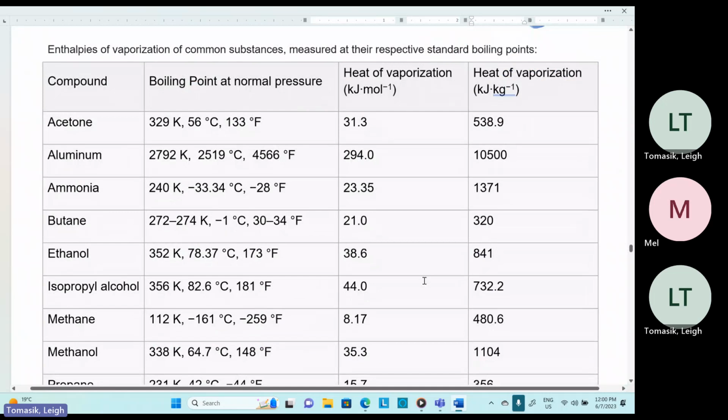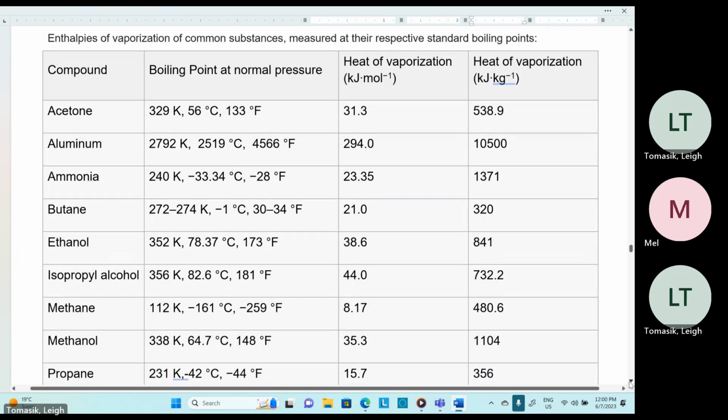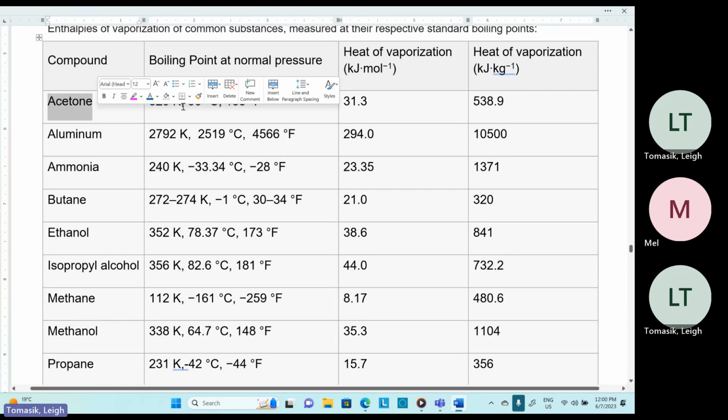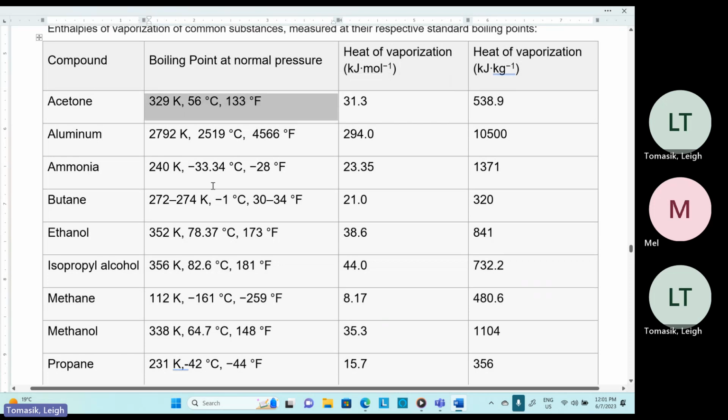You might also need this table here. This table has some boiling points. Not everything is water, right? So this is showing you different substances and their boiling points.